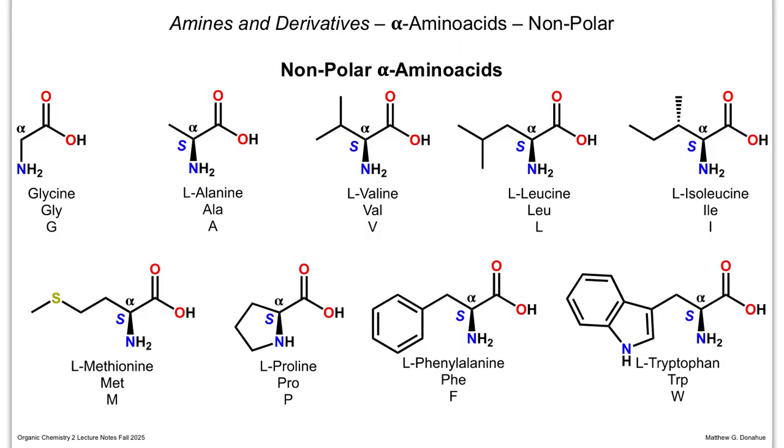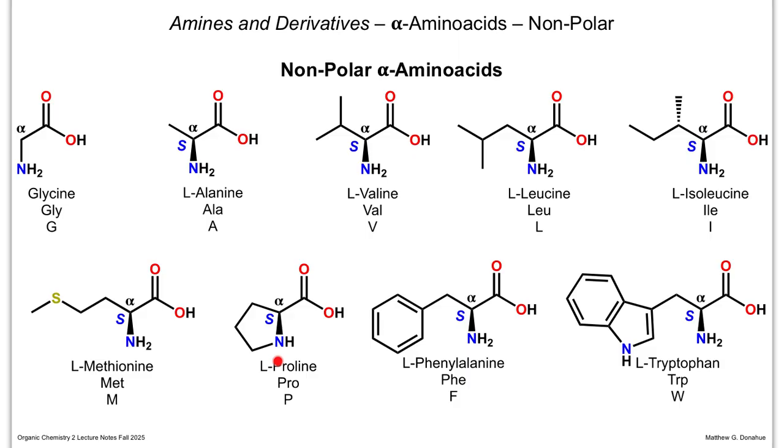So for alanine, there's a methyl. Valine, it's isopropyl. Leucine, you have this isobutyl. Notice isoleucine has a second stereocenter. Methionine has a sulfur, present in a sulfide, so the sulfur variant of an ether.